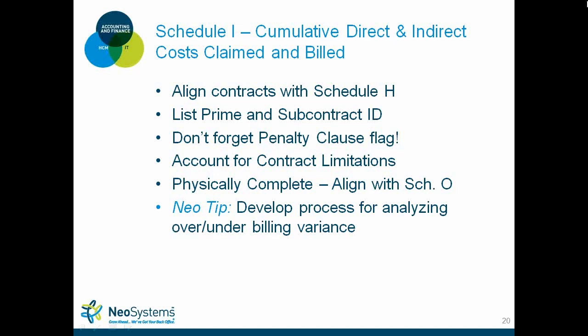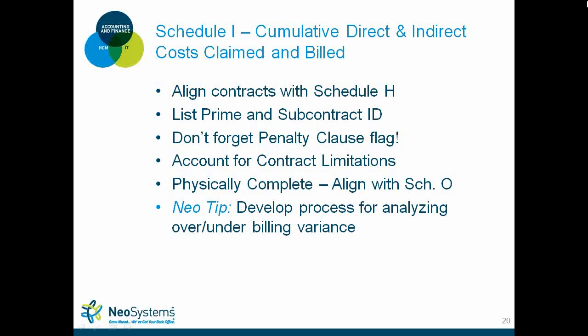And one big tip for you guys: develop a process for analyzing the over and under billing variances. It may be related to your indirect rates and variances related to that, or it may be related to some credits or adjustments that you may have made for billing purposes. Nonetheless, develop this process where you can have, in the internal version, to the right of the schedule, in the same schedule, that analysis based on the current indirect rates, or the targeted rates or provisional rates, and compute the difference between the two.